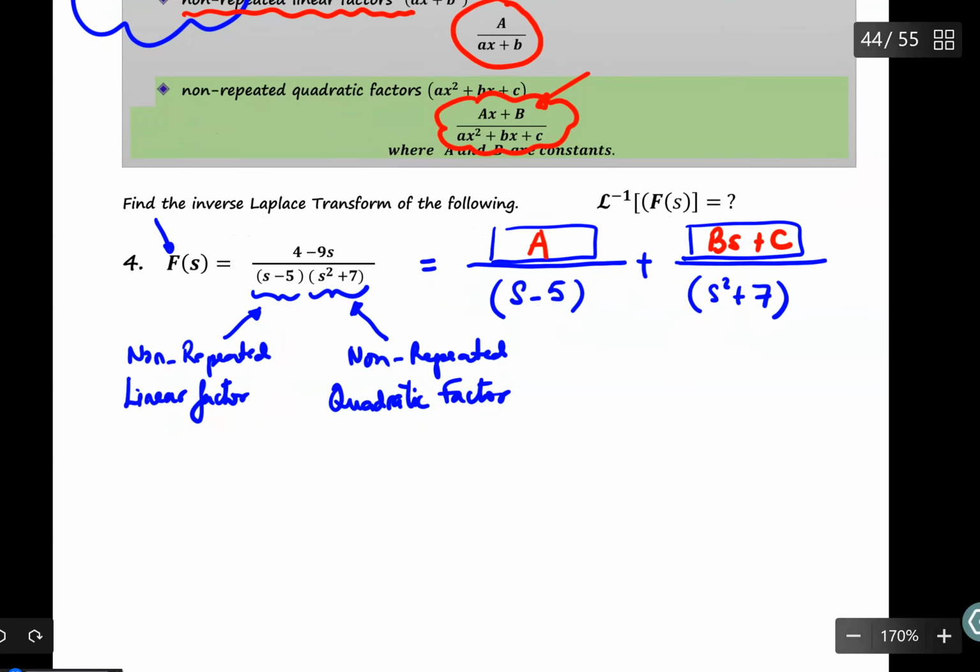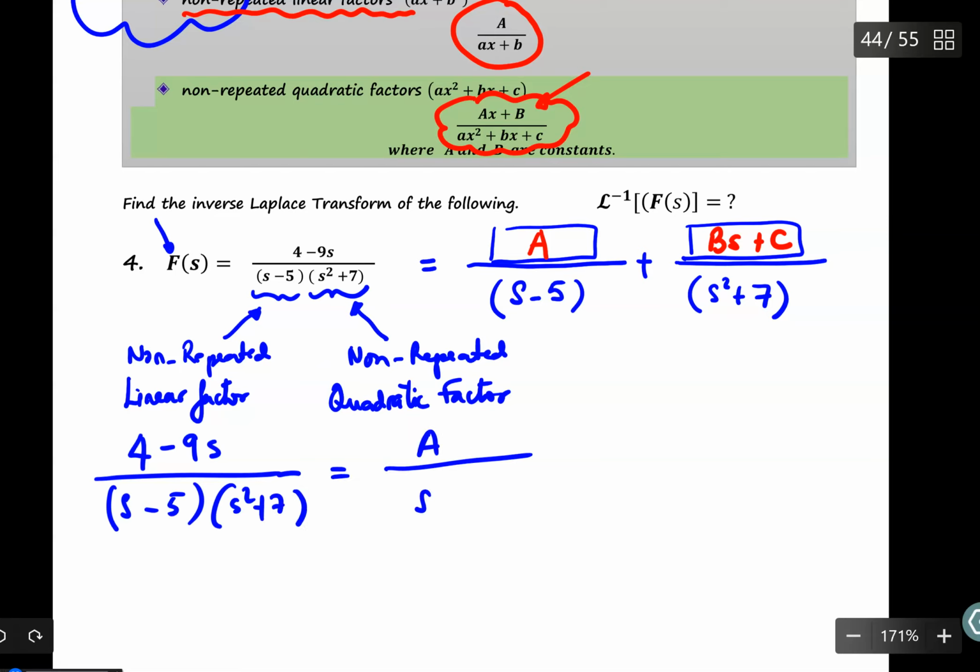Alright, so let's rewrite this statement again. I should have (4 minus 9s) divided by (s minus 5) multiplied by (s squared plus 7) equal to A divided by (s minus 5) plus (Bs plus C) divided by (s squared plus 7).